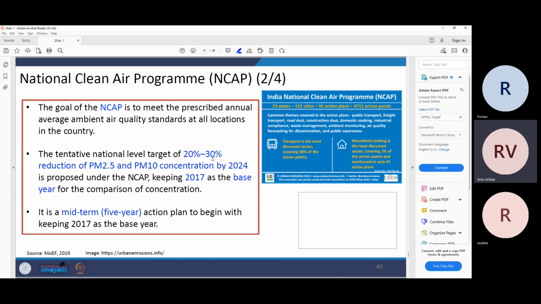So we have taken 2017 as the base year, and by 2024 we aim to reduce the emissions of PM 2.5 and PM10 by 20 to 30%. It is a midterm 5-year action plan to begin with, keeping 2017 as the base year.